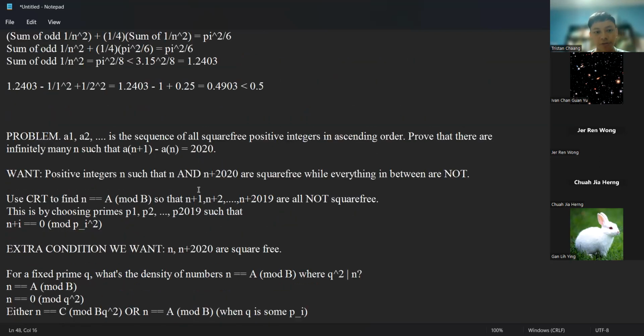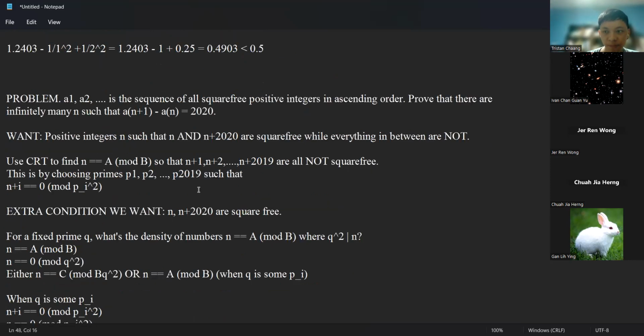So we first control the numbers from n plus 1 to n plus 2019. Those are easy to control via CRT. Now we want to control n plus 2020. We want it to be square free.